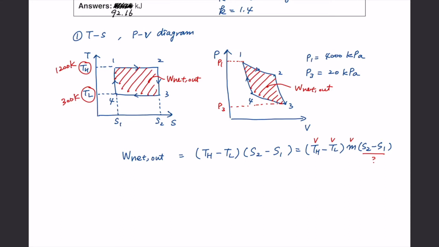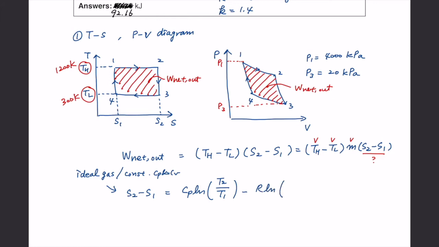Now, how can you calculate the specific entropy change, S2 minus S1? Because we are using an ideal gas and constant Cp and Cv, S2 minus S1 can be calculated using the equation Cp natural log T2 over T1 minus R log P2 over P1.